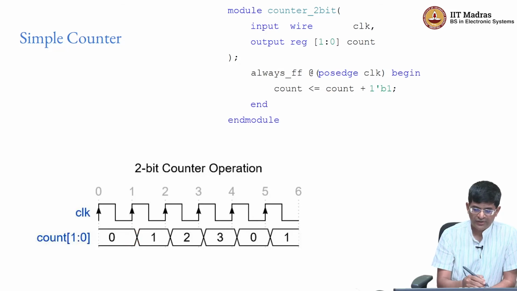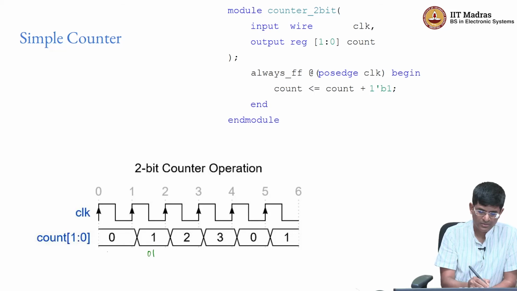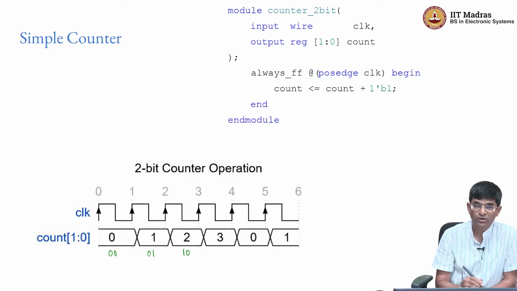In terms of the waveform, this is what it looks like. After this pos edge of the clock, count has taken the value 1, which is basically binary 0 1, right. So this is 0 0, this is 0 1. After that I again go to count is equal to count plus 1, it becomes 1 0, which is 2, and then it becomes 1 1, which is 3.